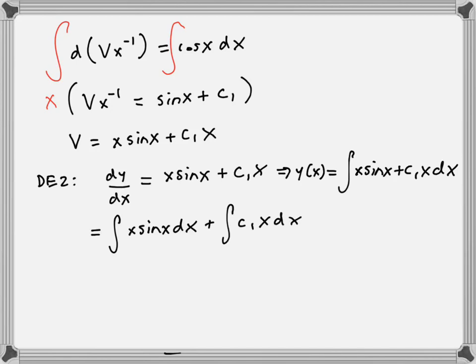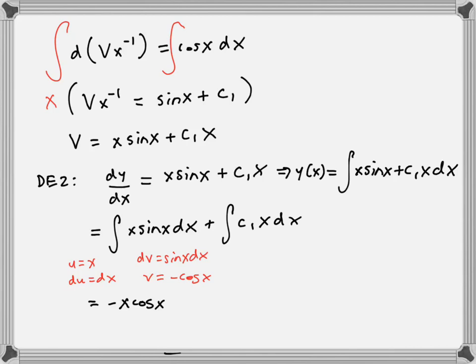Why did I write it as two integrals? Because the left one we need to integrate by parts. Let me go ahead and work that out here. If u is x, then dv is equal to sine x dx. So that means du is dx. This means v is negative cosine x. And so this integration becomes uv, which is negative x cosine x, minus the integral of v du.